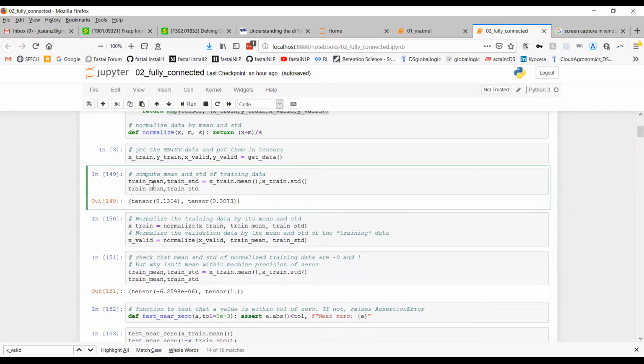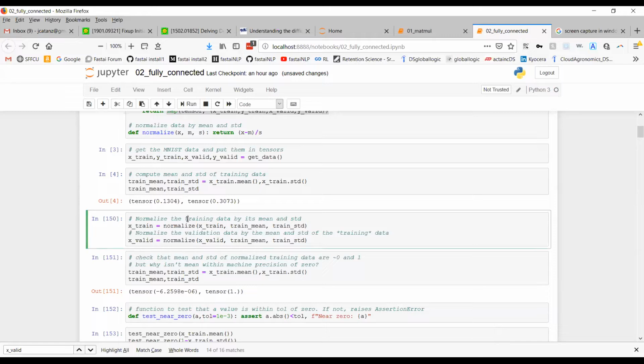All right. So now we're going to compute the mean and standard deviation that we're going to need for the normalization. And there they are. Notice that since the data itself is in the form of tensors, when you take the mean and standard deviation, you also get tensors.